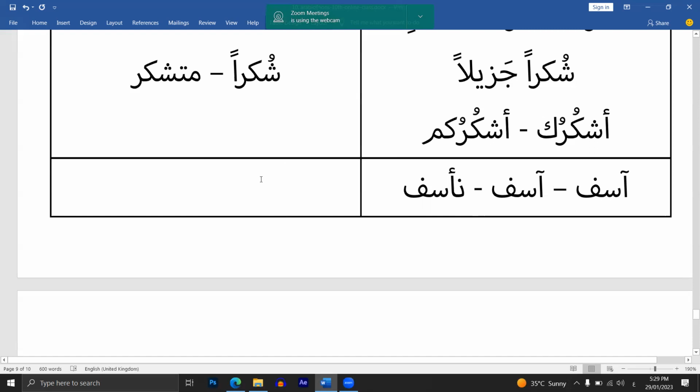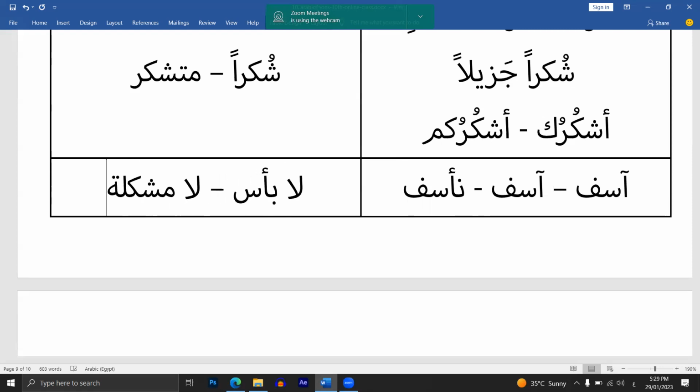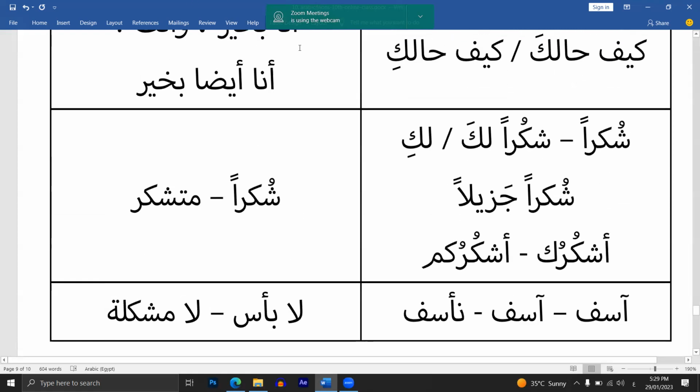If you want to say it's okay, no problem, you can use لا بأس, which means it's okay or no problem. Or you can use لا مشكلة. No problem.